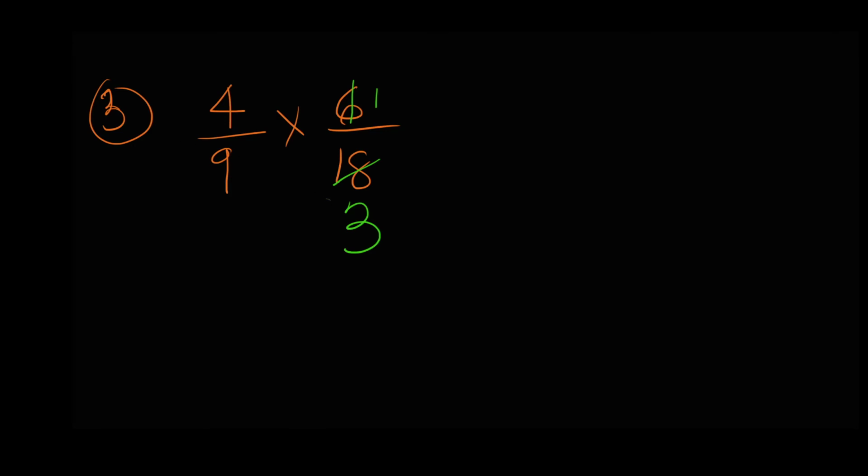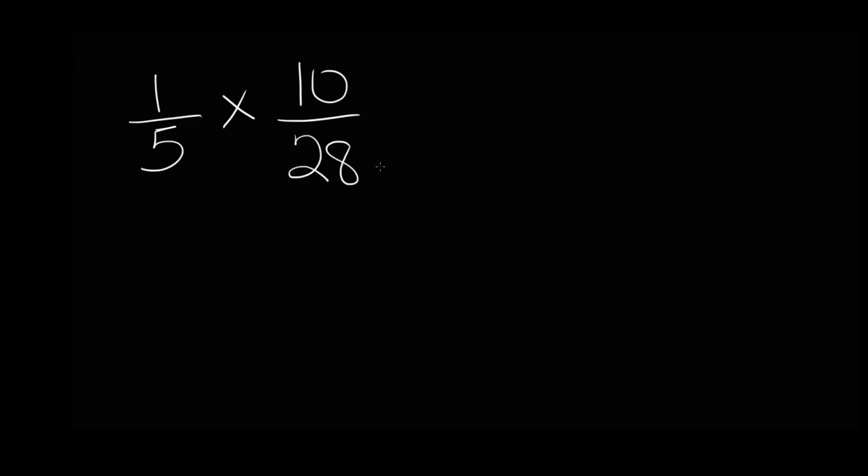So in that case, I just have to multiply out the new numerators and the new denominators. 4 times 1 is 4 over 9 times 3 is 27. You realize that nothing can divide anymore. So that is the final answer.